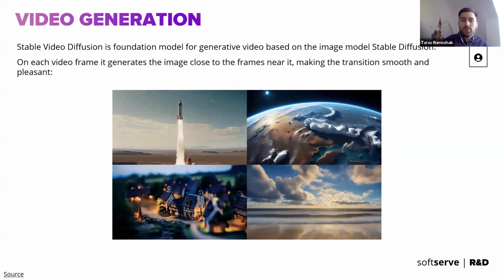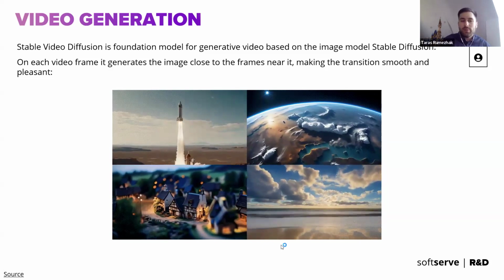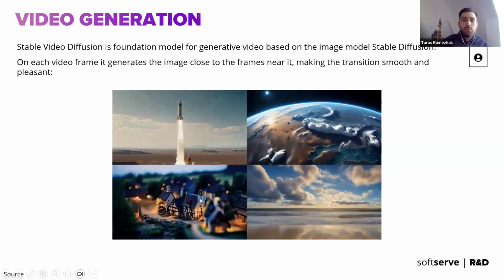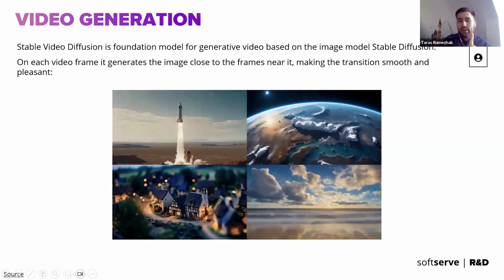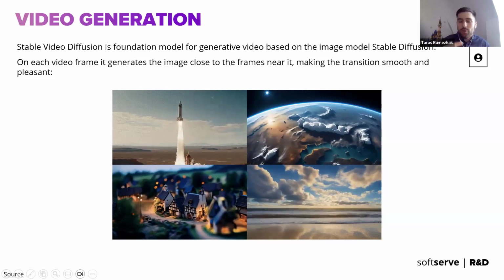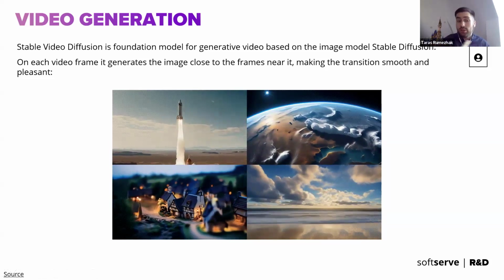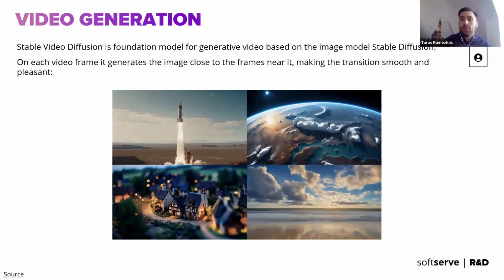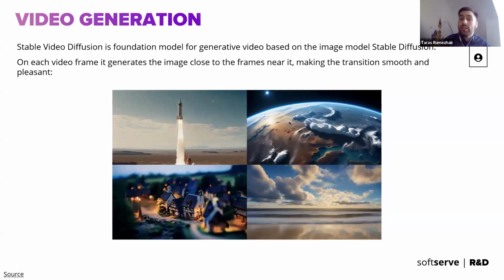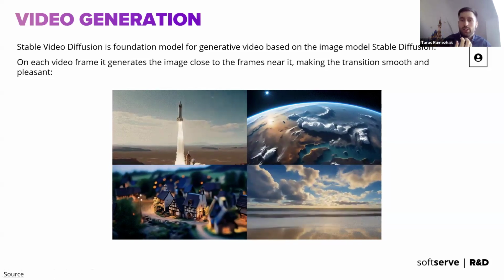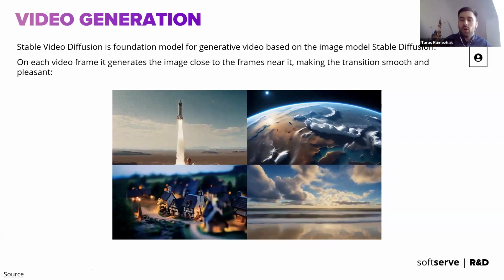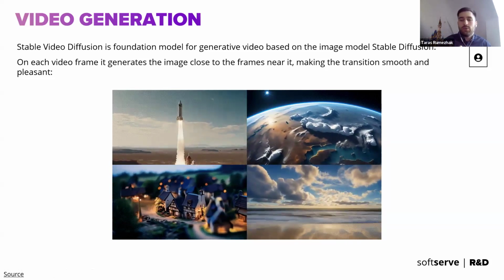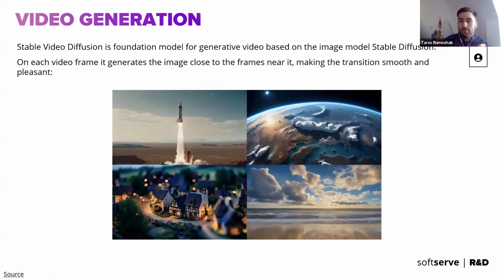What's interesting is, for example, this left bottom video. We can have a rotation of the camera, potentially a 360 rotation. If you have a 360 video, you can then apply NeRF or other tools to create 3D models out of it.